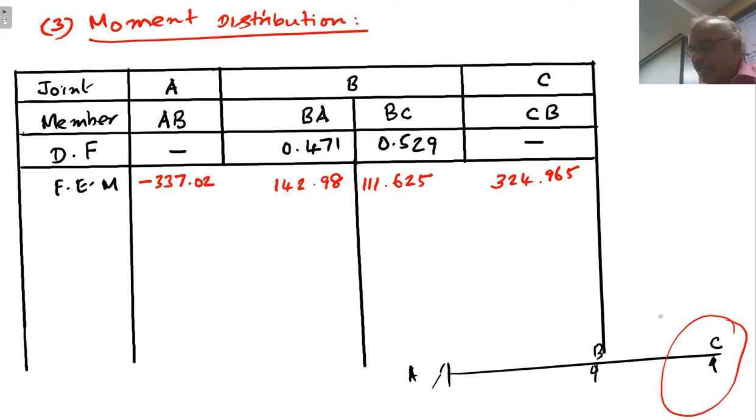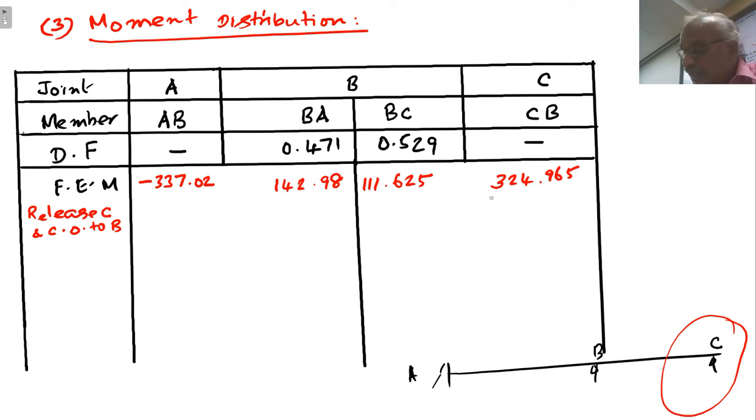Right, therefore, when C is not going to take any moment at all, what we have to do is release C and carry over to B. Release C means we are going to apply a moment here, so this you want to make it 0.